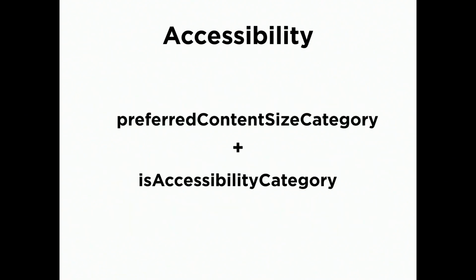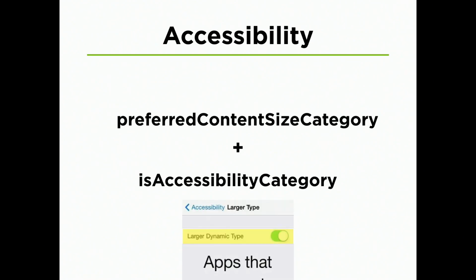So I want to talk about accessibility as well. TraitCollection provides this preferred content size category property. And in addition to that, in iOS 11 there is accessibility category, which is really just a helper for determining whether it's going from the normal dynamic type sizes to the much larger sizes, which are really intended for low vision users.